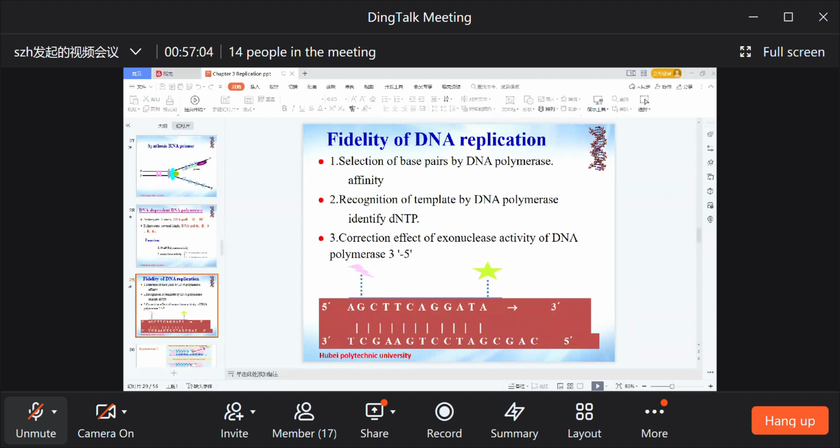Compared with eukaryotic organisms, the replication of prokaryotic organisms is faster.